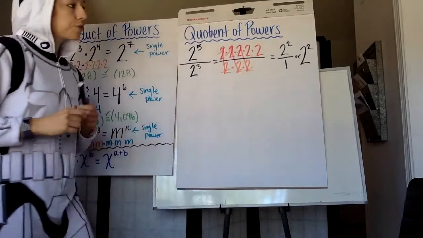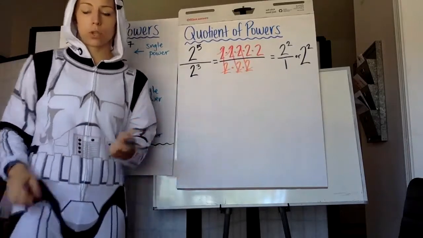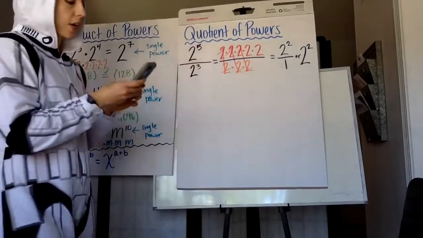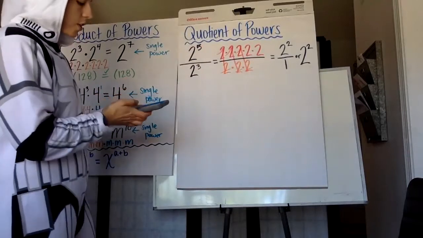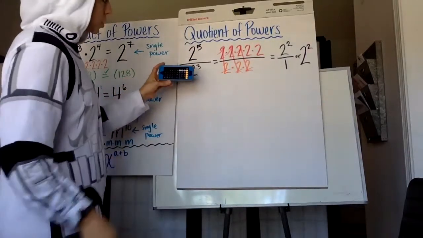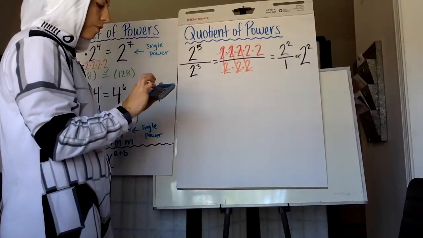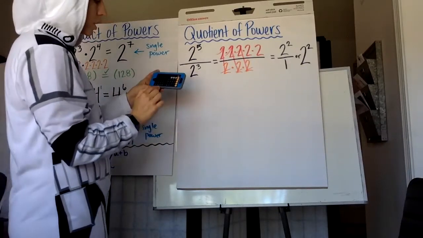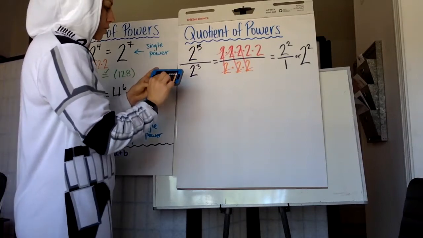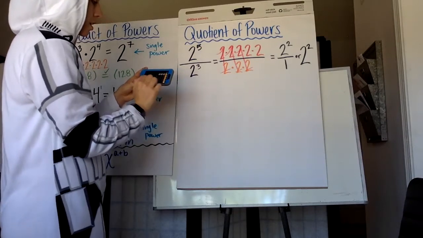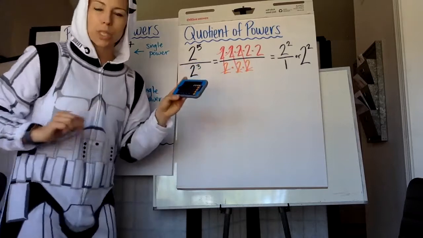Now we use 2 for a reason. The reason why we use 2 is because we can check using our handy dandy calculators. So on my calculator, I'm just going to do 2 to the 5th divided by 2 to the 3rd. So 2 to the power of 5, which is 32, divided by 2 to the power of 3. And my answer was 4.